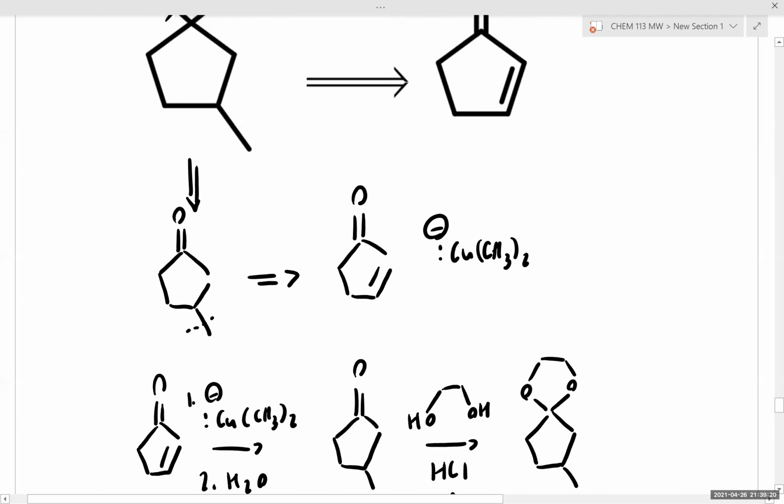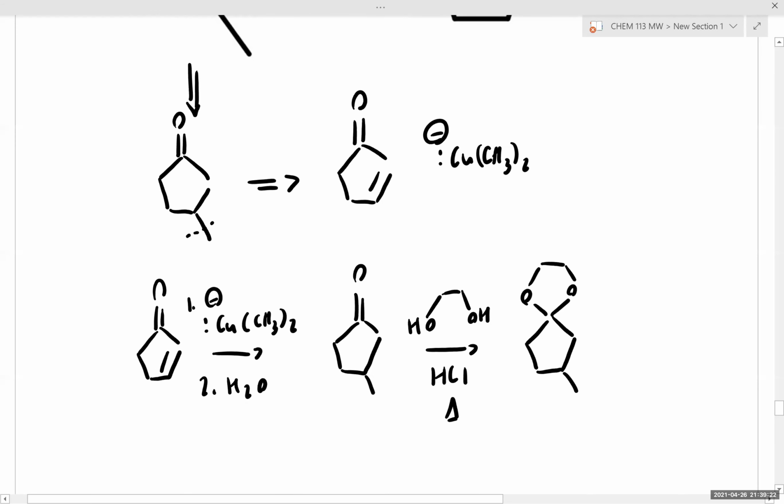We have to do the organocuprate reaction first, because the moment we make the acetal, the alkene is no longer reactive with common nucleophiles. Does this make sense to everyone? Does this example make sense?